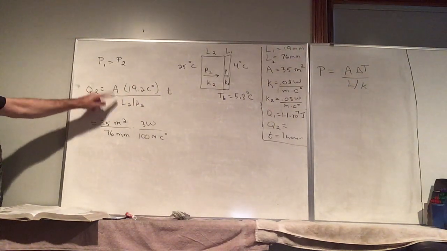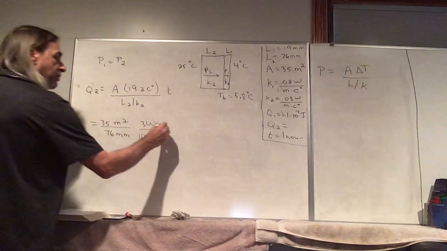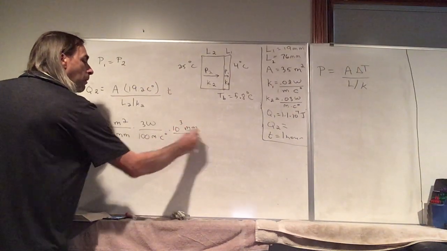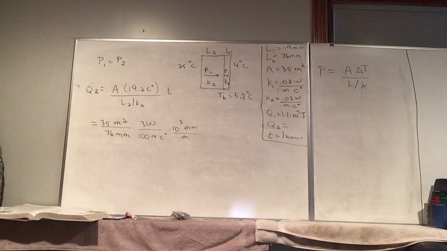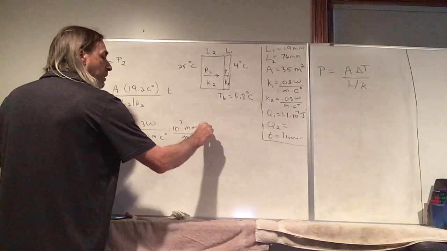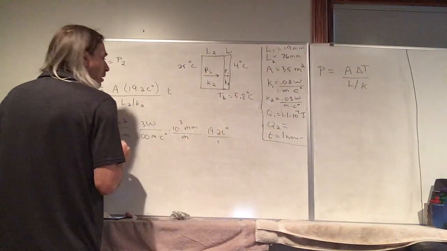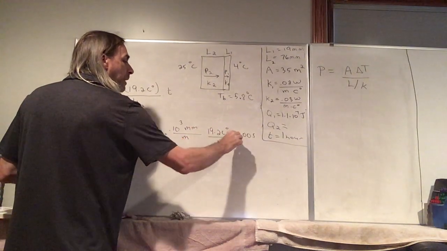So we got A, L, and K taken care of. 1,000 millimeters, that'll cancel that out. And now we have our 19.2 Celsius degrees. And t again is 3,600 seconds.